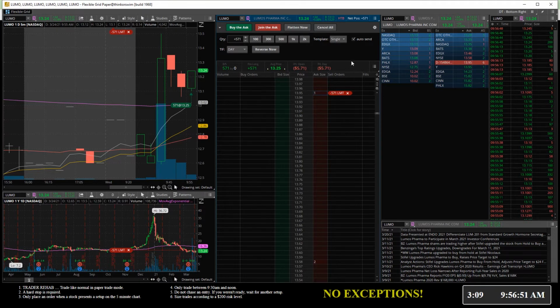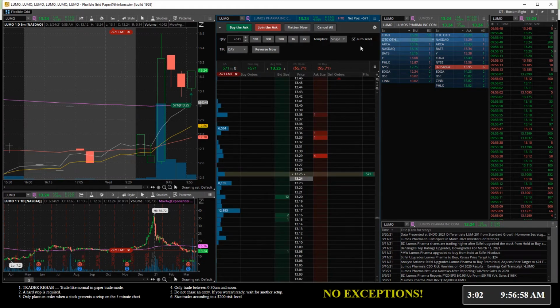All right, we're in. I went ahead and set my target, and I'll be sitting here with my finger on the trigger to stop out halfway between this 9 and 20. So currently that's around 1294. Oh, Jesus.